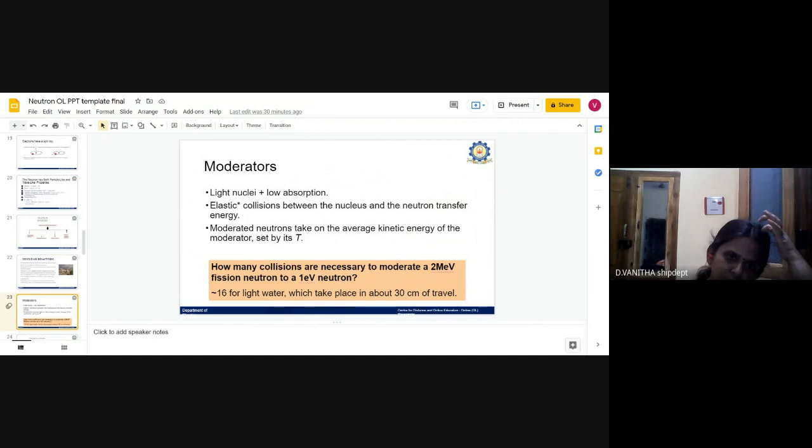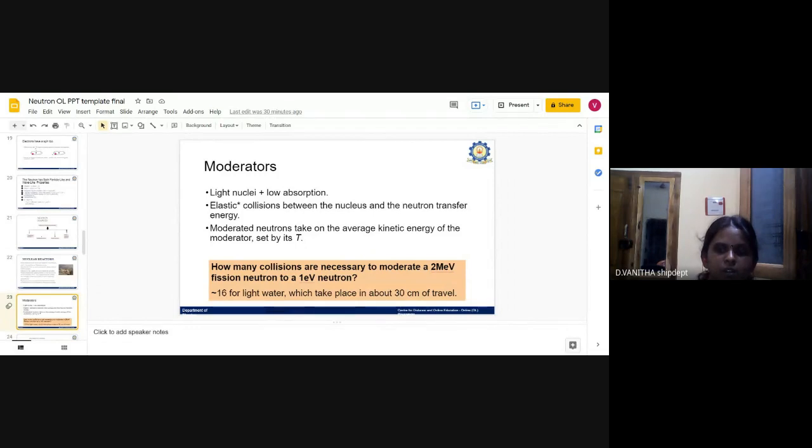Now, the moderators we use in nuclear reactors. Here we use the principle of light nuclei plus low absorption.